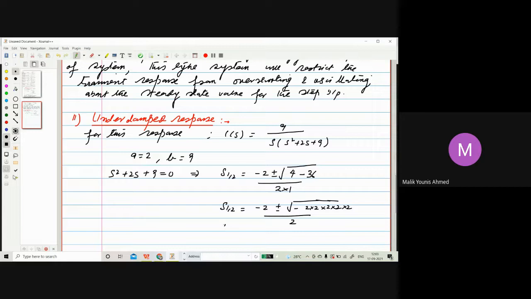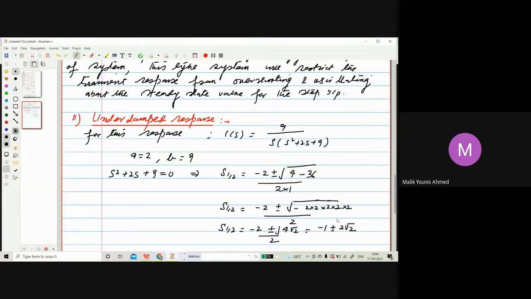So s1,2 is minus 2 plus or minus j times the square root of 32, where the square root of minus 1 is j. Out of these, 4 will come out, so 4 root 2 divided by 2. We cancel off 2, and that will be minus 1 plus or minus 2 root 2.